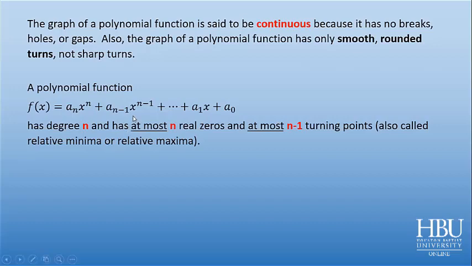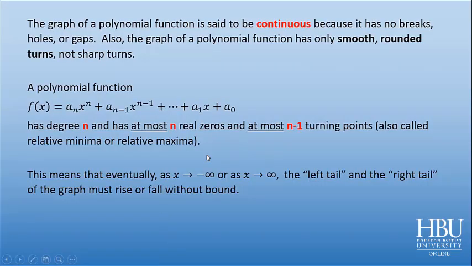Its graph is going to intersect the x-axis in at most n places, and it's going to have at most, as we said, n minus 1 relative minima or relative maxima. Since the graph of the polynomial function has a limited number of turning points, eventually, as x approaches minus infinity or as x approaches infinity, the left tail and the right tail of the graph must rise or fall without bound.